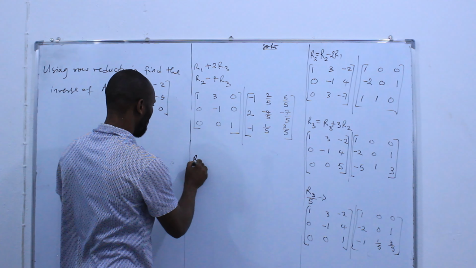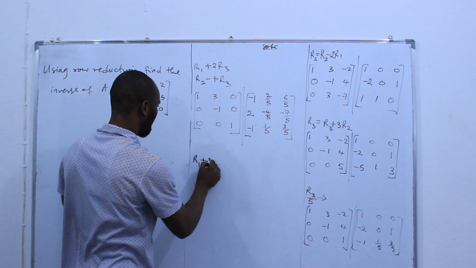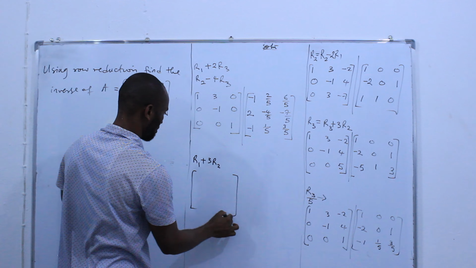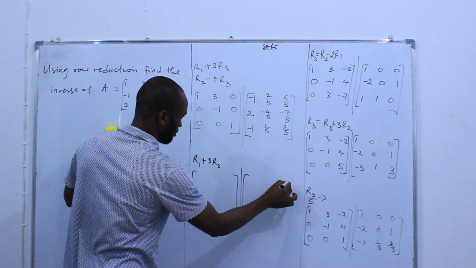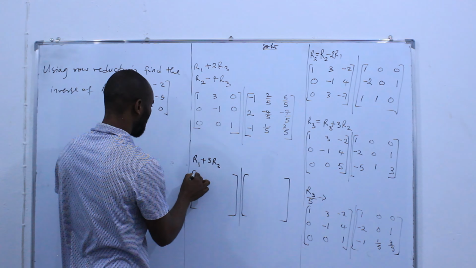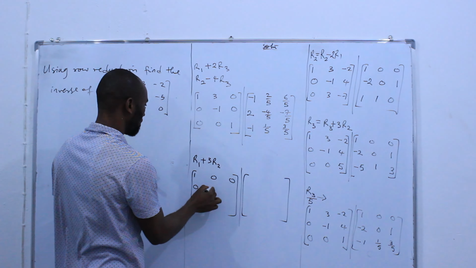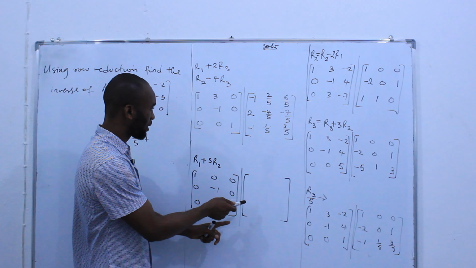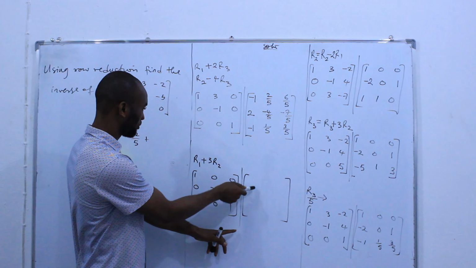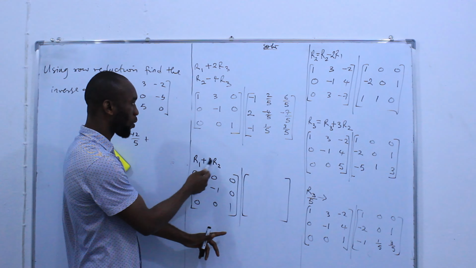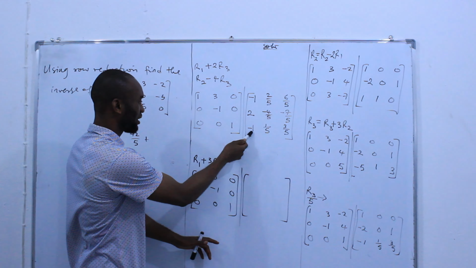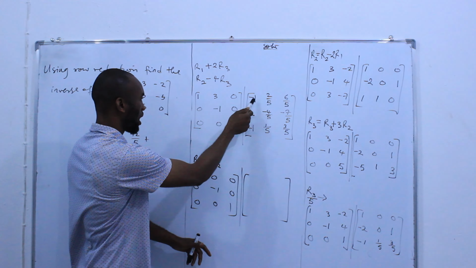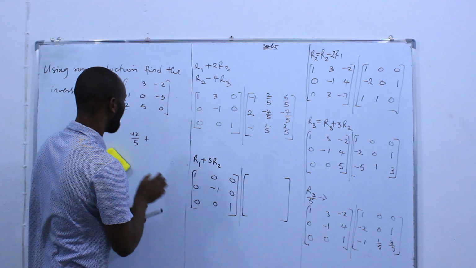We have row 1 plus 3 row 2 will give us the matrix 1, 0, 0, 0, minus 1, 0, 0, 0, 1. Let's now take care of this one. Row 1 plus 3 row 2, so that we can do it there.